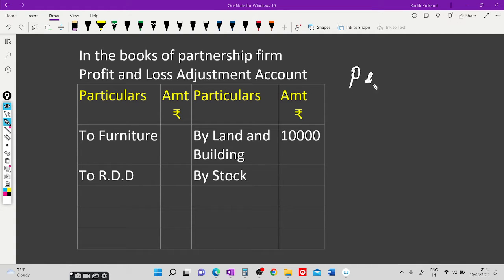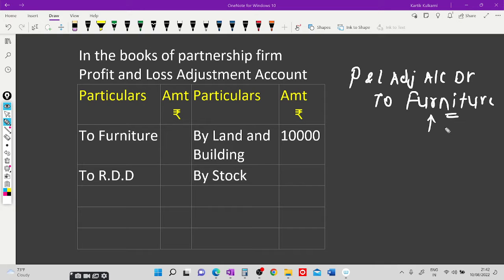Profit and loss adjustment account debit to furniture account. So when we credit furniture account, that is an asset, crediting an asset reduces the value of the asset, and the loss due to the reduction in the value of the asset is debited to profit and loss adjustment account, because debit all expenses and losses, credit all income and gains.